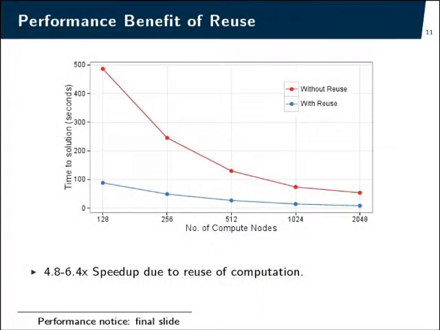But before that, let me just mention the benefit of this reuse of computation. We conducted this experiment from 128 nodes to 2048 nodes, and we see roughly a speedup of 4.8 to 6.4x in these cases. So there's a huge benefit of reusing the computation.